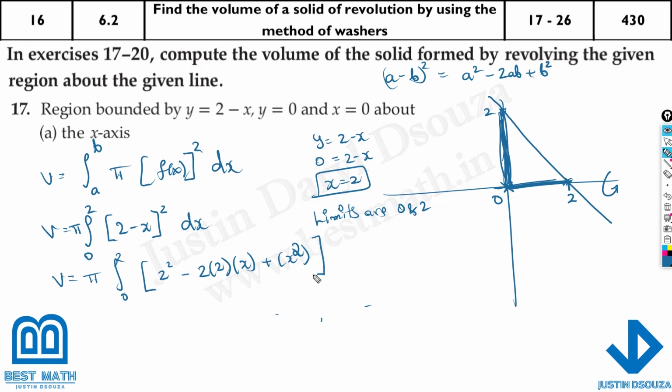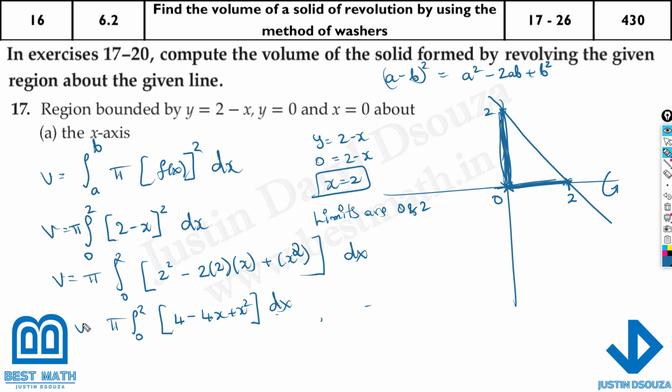That's it. Now here, remember, minus is already looked out for. So don't add any minus here. And that is dx. So what is happening? It will be pi, 0 to 2, 4 minus 4x plus x squared dx.